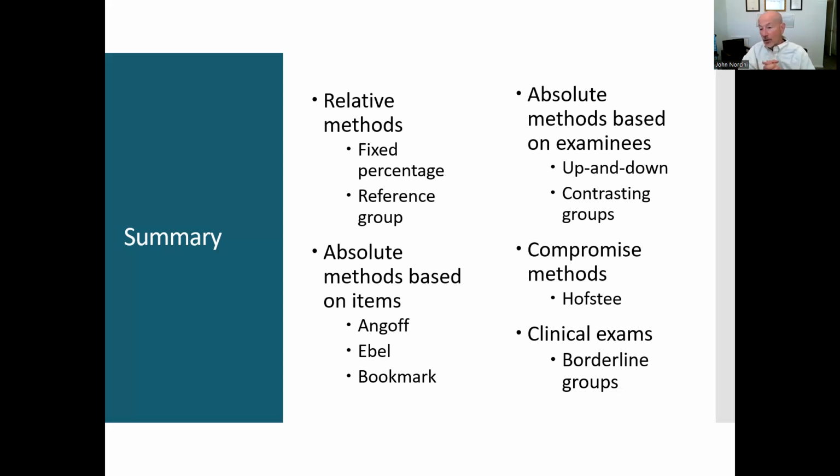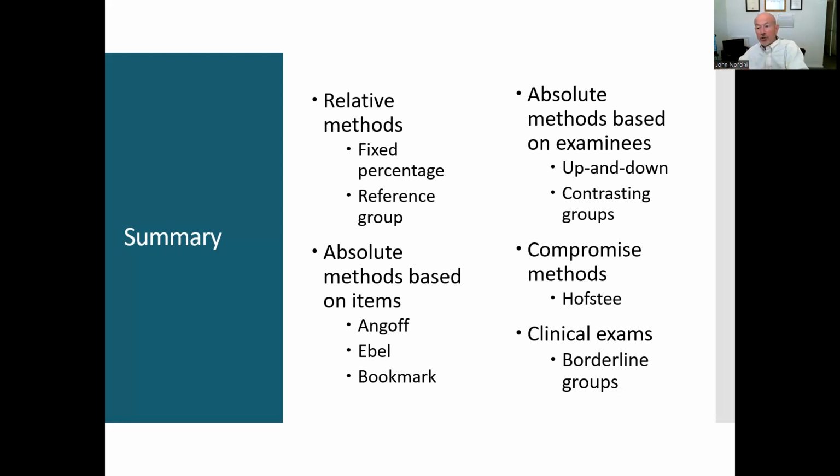One is you can apply the Angoff at each individual item within the set. Okay. So you might say that for item 1, my estimate is that 60% of the borderline group would get this right. And item 2 is 60 and so on. So that's one method. It's pretty time intensive because you have to do each of the items, each of the true false responses within the set.